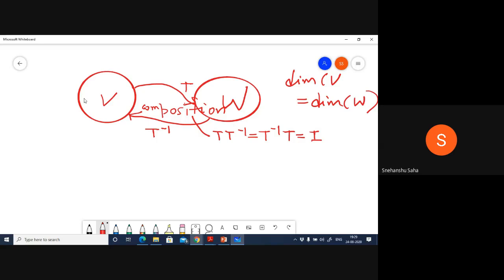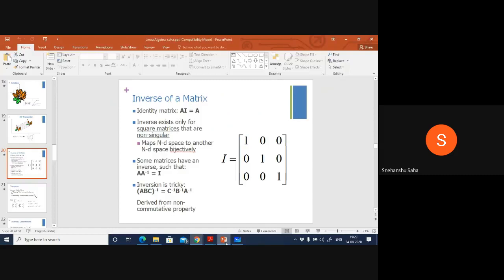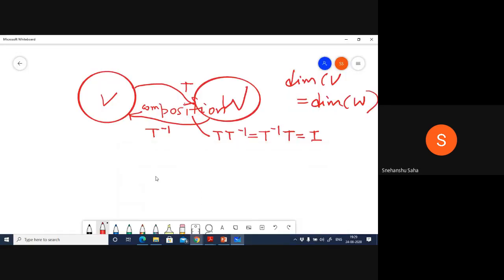Okay, all right. So now, if you go back to the PowerPoint slide, I have a property. There they use 3 matrices. Let me just use 2 matrices. What this particular slide has is that they're claiming that (AB) inverse is nothing but B inverse A inverse.